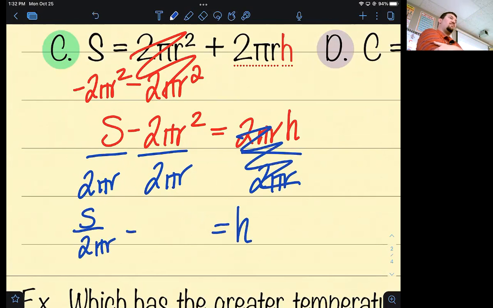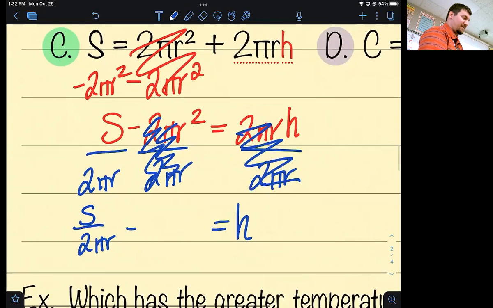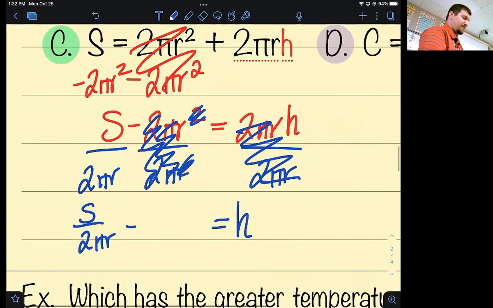minus, what's left? Lucy? Not 2 pi R. This is going to cancel, a lot of this is going to cancel away. Keep going. What's left?